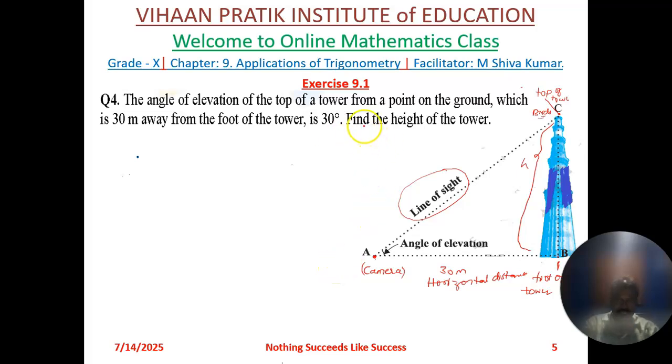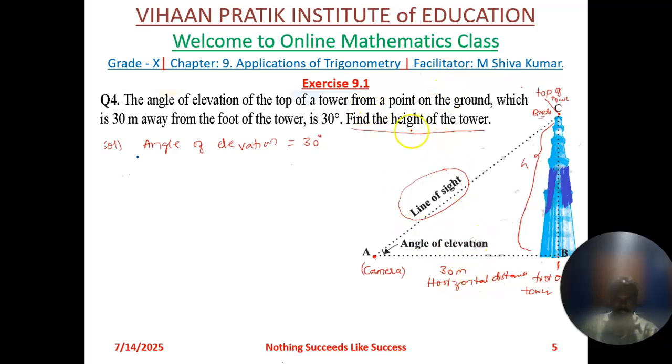Now the question is to find the height of the tower. So let's write down first what is given. Solution: it is given that the angle of elevation, meaning the angle when we look upwards, is 30 degrees. Then the horizontal distance is given.